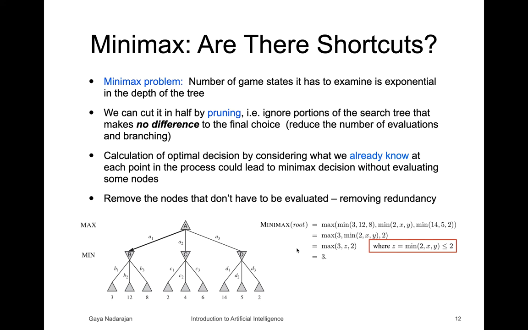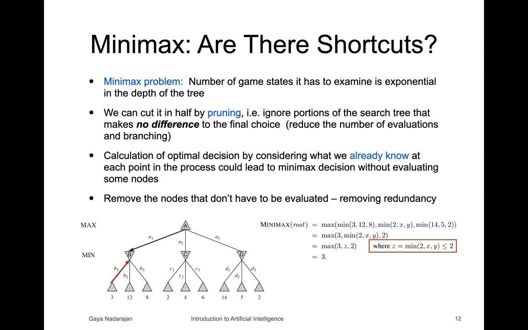We apply the Minimax algorithm onto the root, A, which is basically going to call max of min of B, which is 3, 12, and 8, followed by min of 2, x and y, and min of 14, 5, and 2. We decided to call these x and y for now. Okay, let's see what happens.